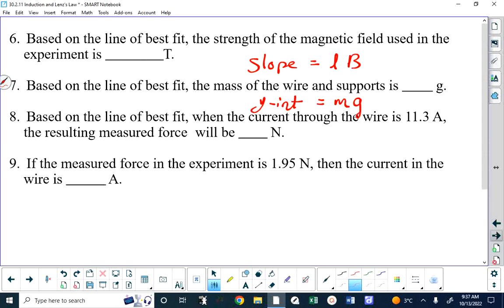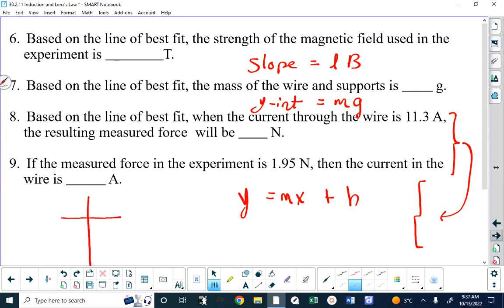For 8 and 9, once you have the slope and the y-intercept, you're going to use that equation to find the missing data. So for example, in number 8, you've got 11.3 amps, you're going to put that in for X and calculate what Y is.